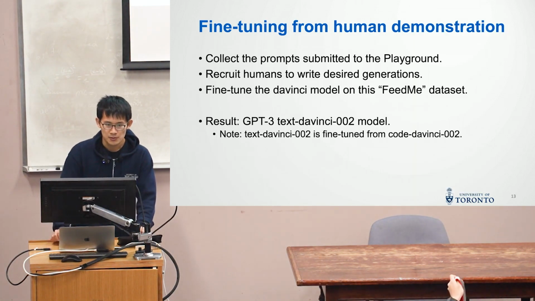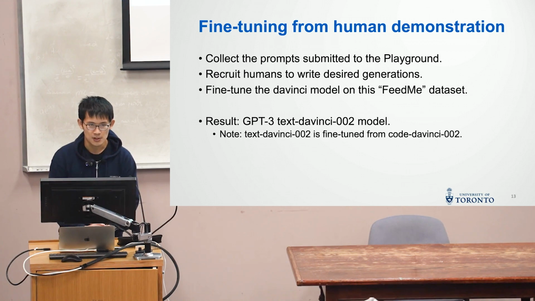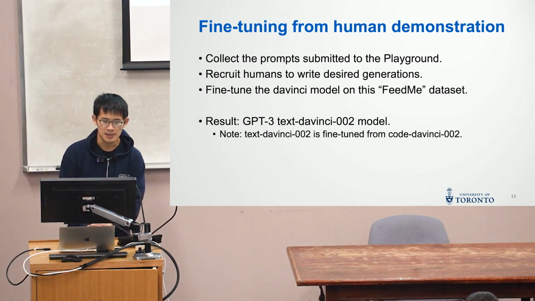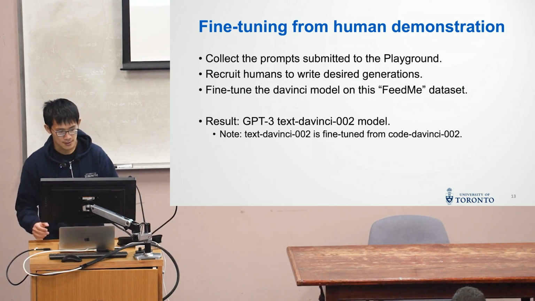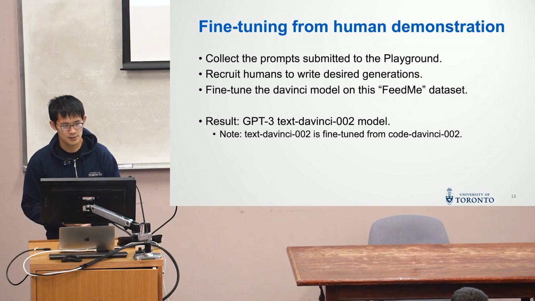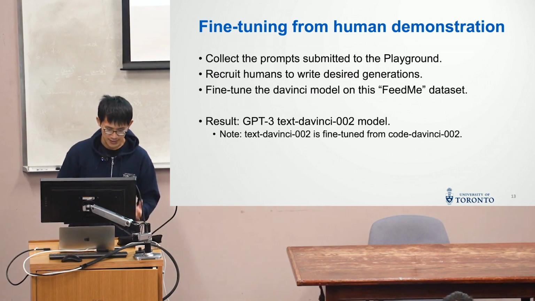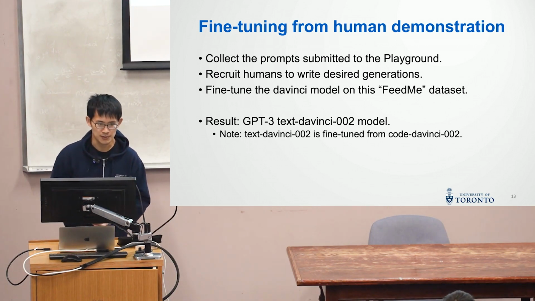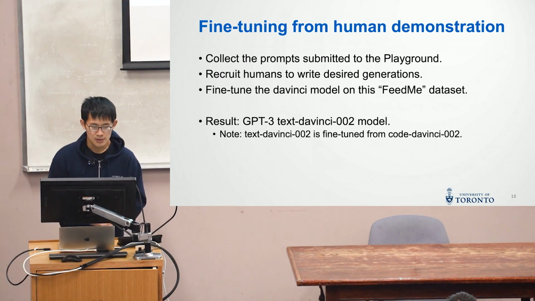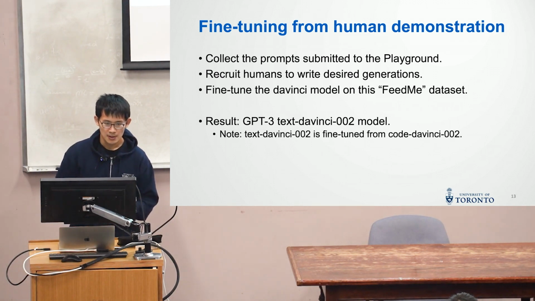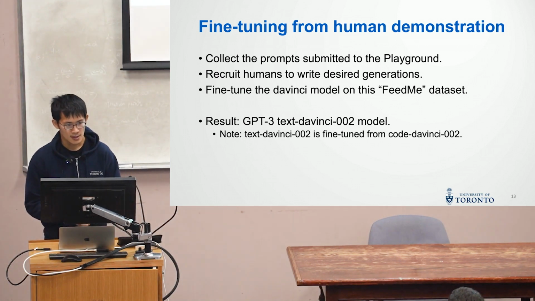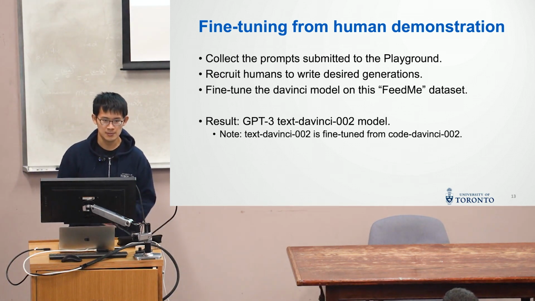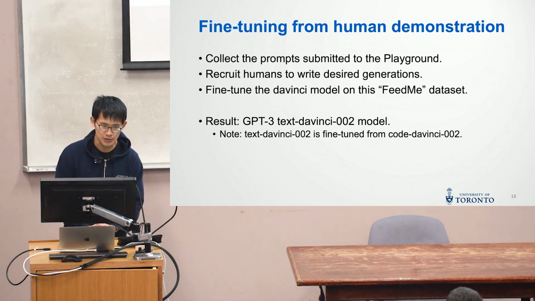So another method to further improve the quality of the language model is to align it to human demonstrations. After the GPT-3 model was deployed, people were happily using the playground and trying to test out the capabilities of GPT-3 models. During this process, the users actually provide OpenAI with high quality data. And OpenAI can recruit some expert humans to write desired generations.